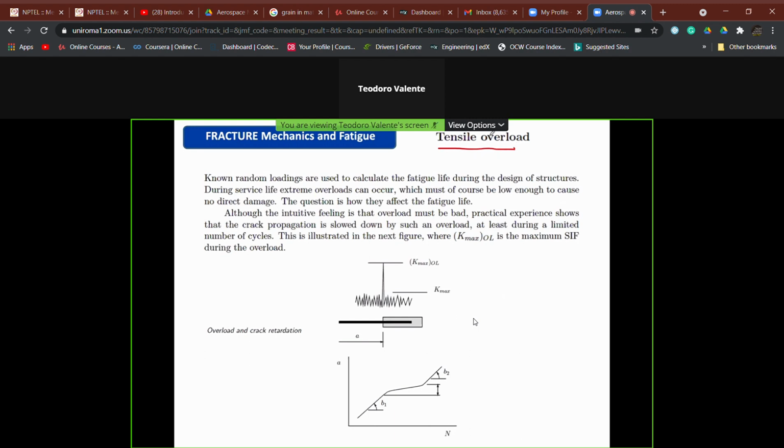And the question is how overloads, which is a phenomenon sometimes common in the exercise of structural components, can affect, or if they affect, the fatigue life. Our common thought, our feeling, as written here, is that overloads should be something bad.